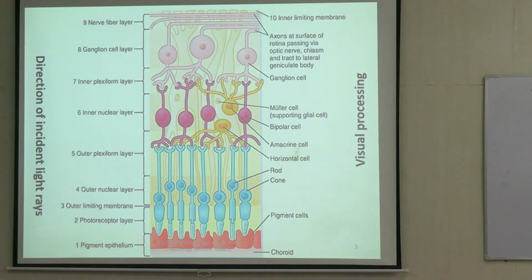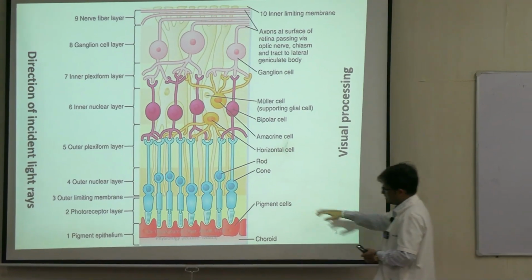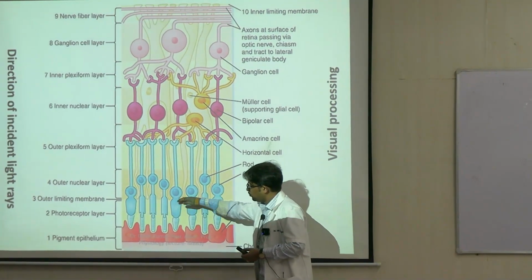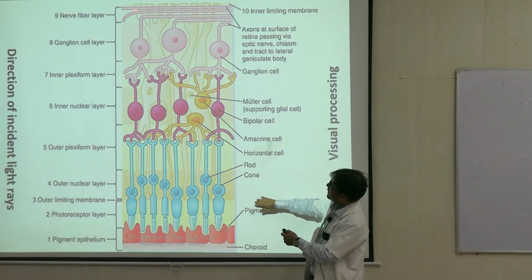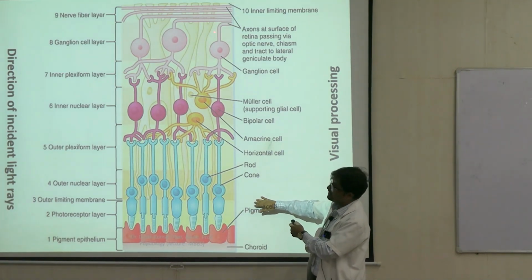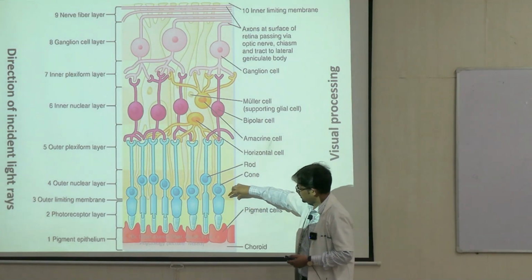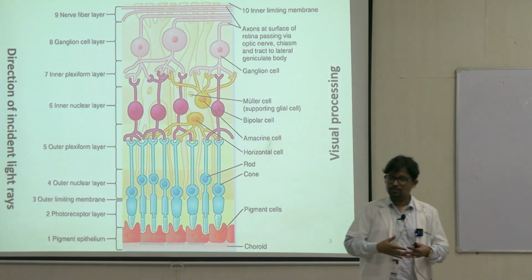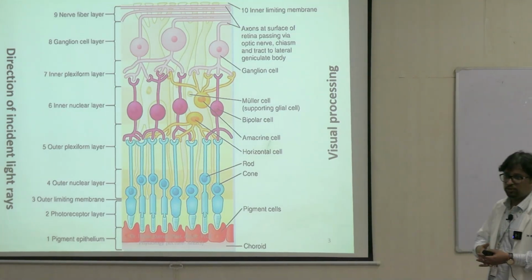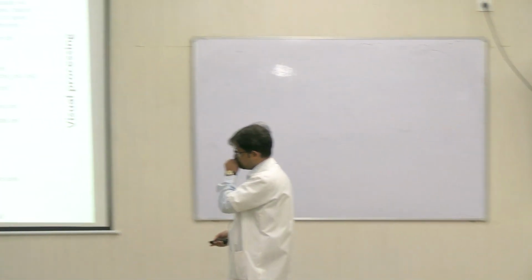The Muller cells of the retina, their peripheral projections on one side, they confluence with each other forming the outer limiting membrane, and on the other side again they confluence and form the inner limiting membrane. So these two membranes are not true membranes, but formed by the confluence and adjacent presence of the projections of the neuroglial cells of the retina, which give the appearance of a membrane.